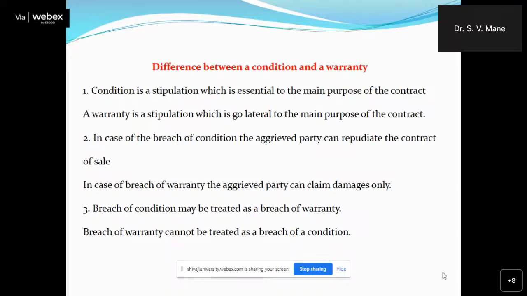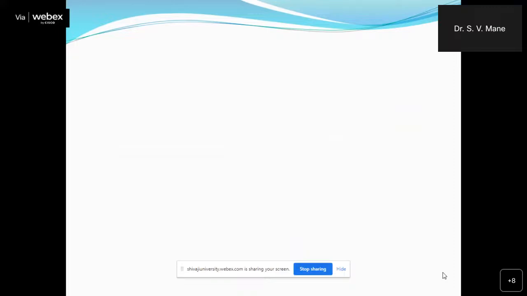In case of a breach of a condition, the aggrieved party can repudiate the contract of sales, and in case of a breach of warranty, the aggrieved party can claim damages only. Then, a breach of a condition may be treated as a breach of warranty, but a breach of warranty cannot be treated as a breach of a condition. So that is the difference between the condition and the warranty.